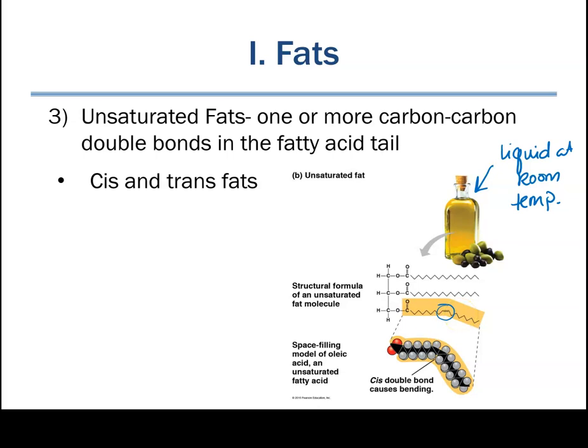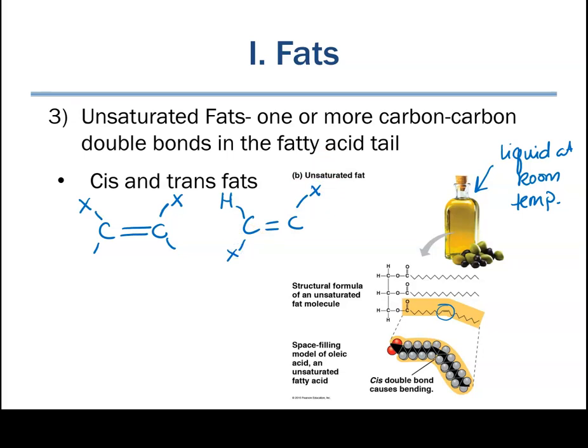But there's a little caveat to that, and that is the distinction between cis and trans fats. Remember we talked about isomers a little bit ago, where we have our carbon-carbon double bond. Cis molecules have our functional groups on the same side, whereas trans molecules have our functional groups on the opposite sides.